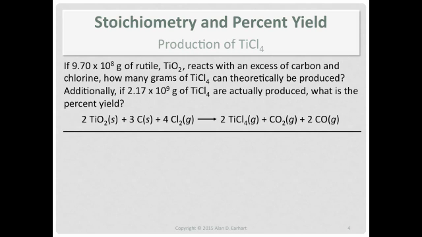Back to our calculation. Let's see, what are we given? All right, we're given this mass of titanium 4 oxide. Well, remember, a balanced chemical equation doesn't tell you mass relationships directly, it tells you mole relationships.